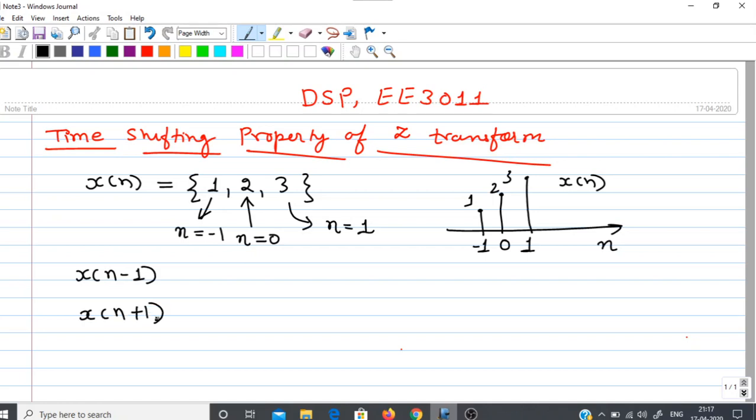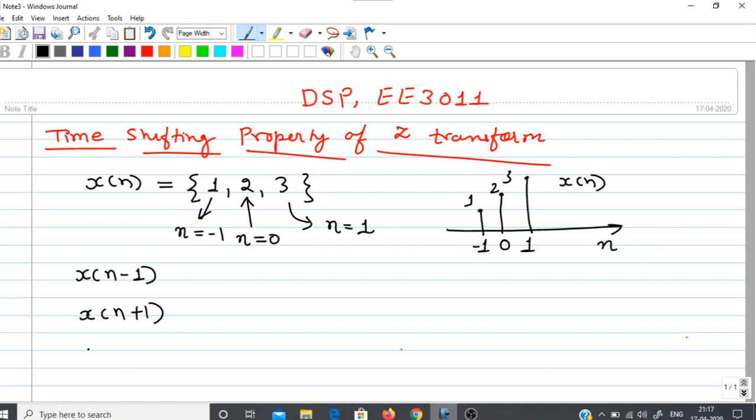This x of n plus 1 is also a time shifted version of x of n, but this time x of n would be shifted in the backward direction, or to the left hand side, by one sample. So time shifting does not change the sample values. It simply shifts a sequence to the right hand side or to the left hand side by the given number of samples.